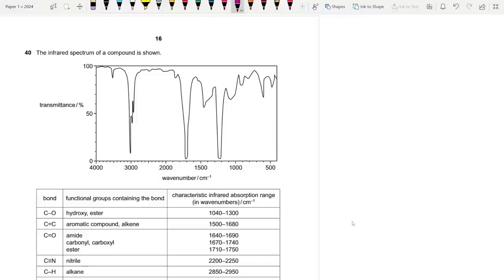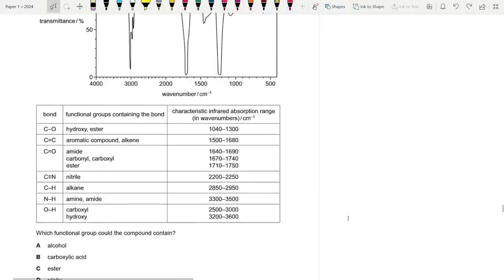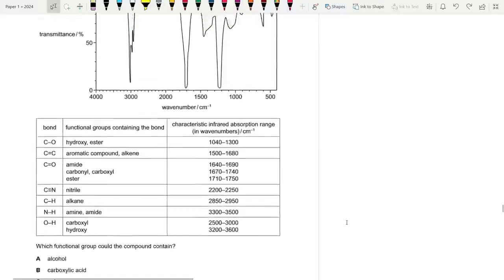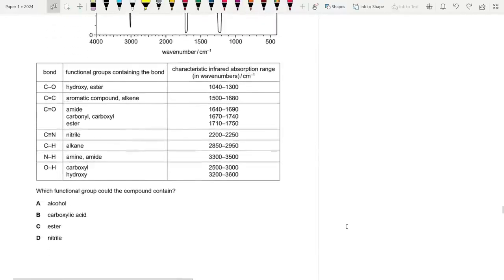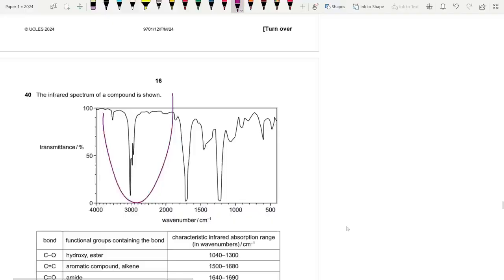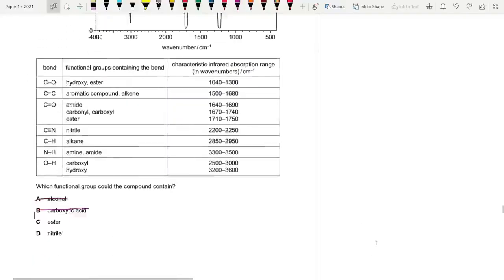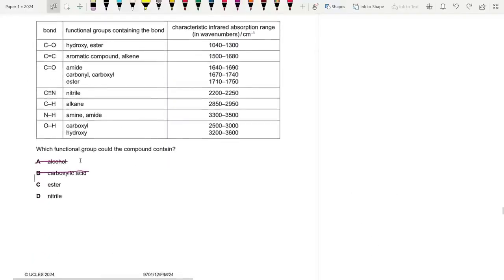Anyway, you are supposed to look for a broad peak around 3000. If there is no broad peak, that means there is no hydrogen bonding. So basically, we are going to exclude everything here that has hydrogen bonding. So we get rid of alcohol and carboxylic acid, because I do not see a broad peak over here. Broad peaks refer to hydrogen bonding.